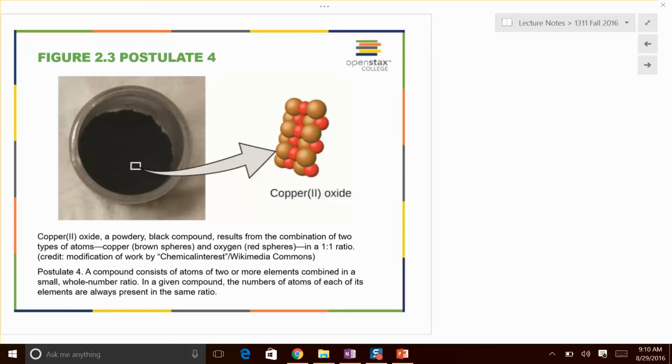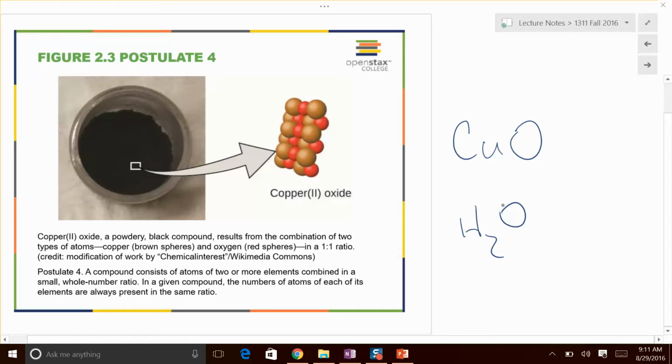There's exactly a 1-to-1 ratio actually here. So the formula here would be CuO, copper 2 oxide. So I have 1 copper, I have 1 oxygen. That's the ratio, right? 1 oxygen for every 1 copper. That's my ratio. It's whole number ratios.